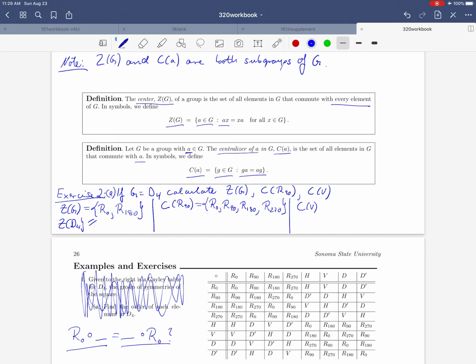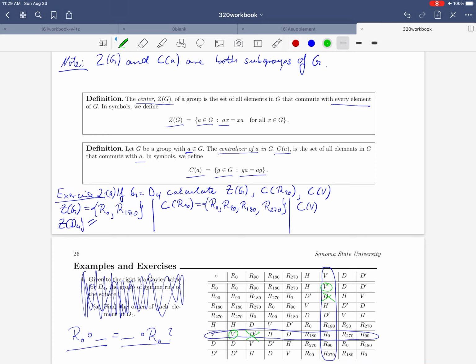Okay, so what do we have to do? We are only interested in our vertical reflection. So we are looking at V. How is V interacting with all the other elements in our group? Okay, V commutes with R0. It does not commute apparently with R90.